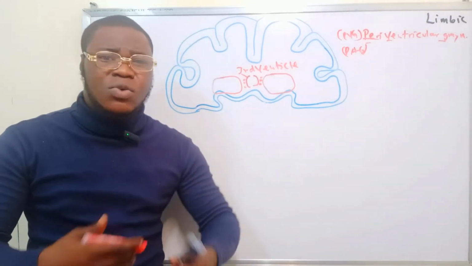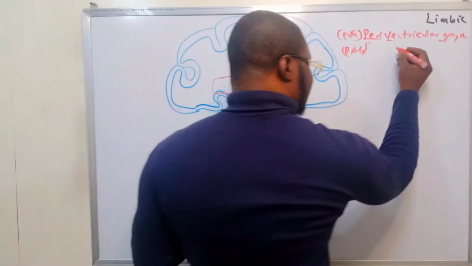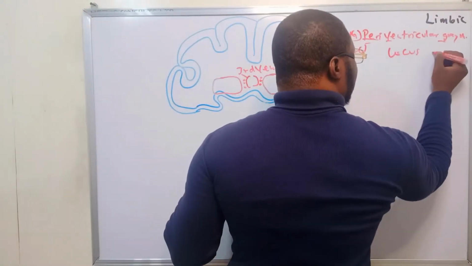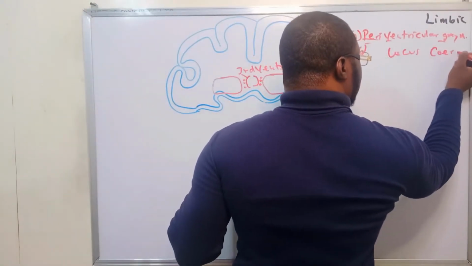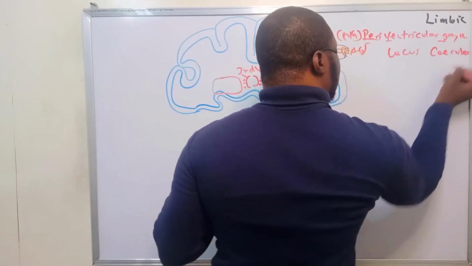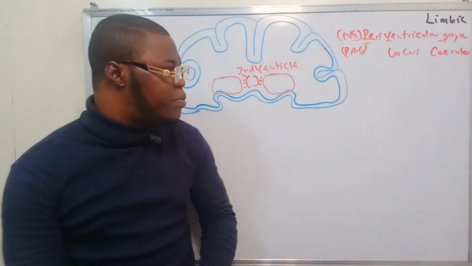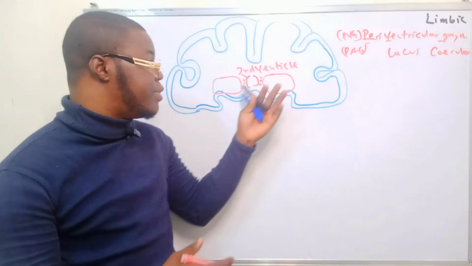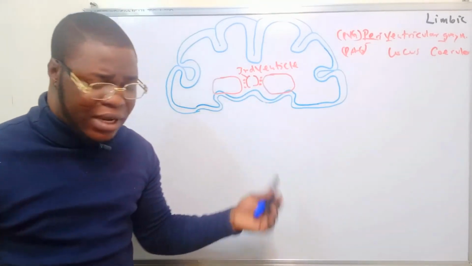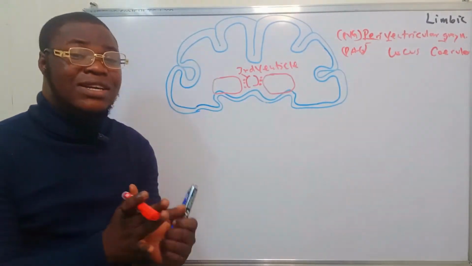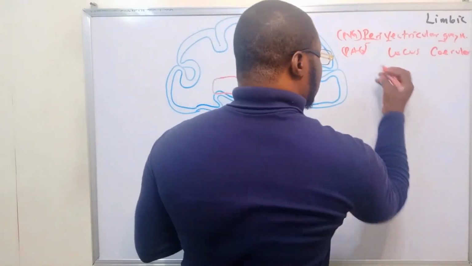Apart from that, we have the locus ceruleus, if I'm not mistaken. Of course not. So locus ceruleus. That's another bunch of bodies in the brain that can actually initiate the descending pathway. Apart from that, we have the paragigantocellular reticular nucleus.